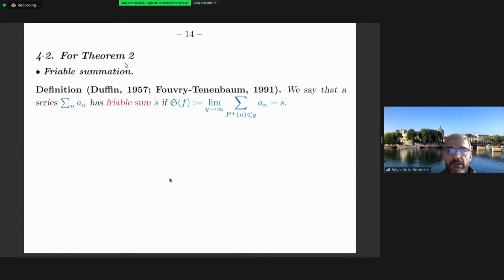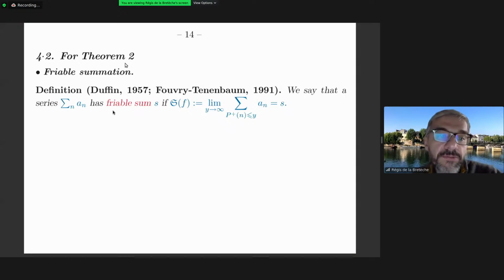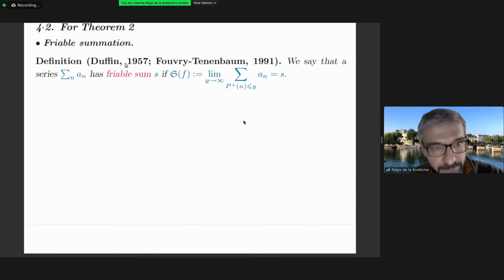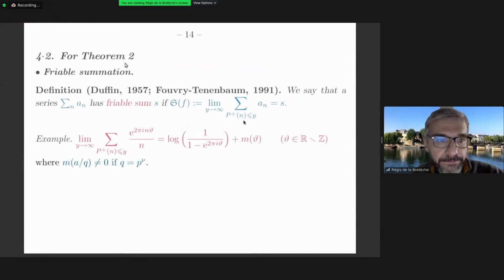We say that the series sum of a_n has variable sum S if we restrict our sum to a y-variable integer, there is a limit when y tends to infinity, and the limit is S.